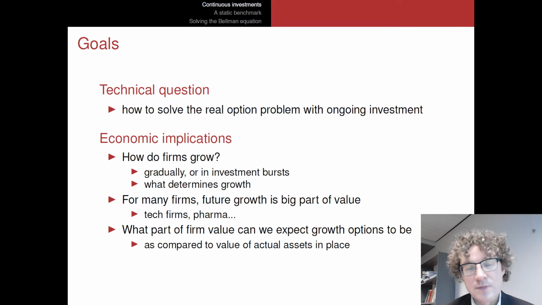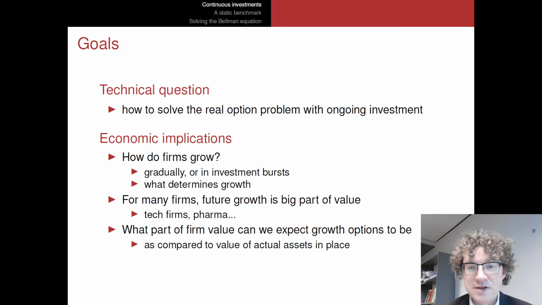And also, for many firms, so particularly not called without a reason growth firms, like the tech firms, the pharma firms, they tend to grow a lot in the future, and in particular they also tend to derive a large part of their value from their opportunity, or from their potential for future growth.